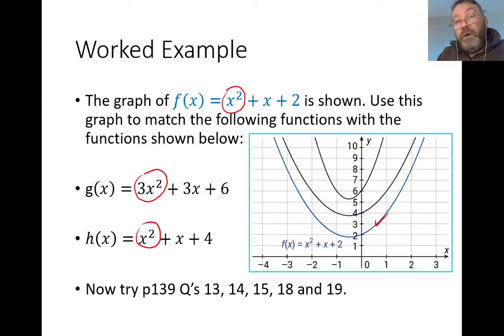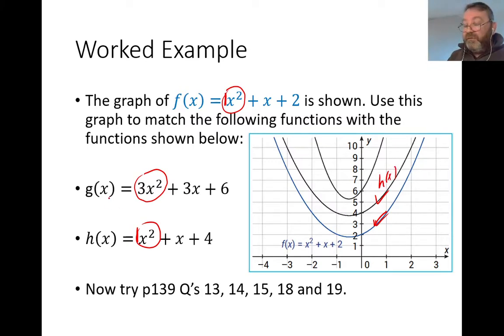But don't we also know from previous stuff we've gone through in the previous slides, that the coefficient of x squared represents the width of the graph. So if that has a coefficient of 1 and this has the same coefficient, then h of x and f of x will be the same width. See that? And you'll notice that they seem to have the same width. So that has to be h of x.